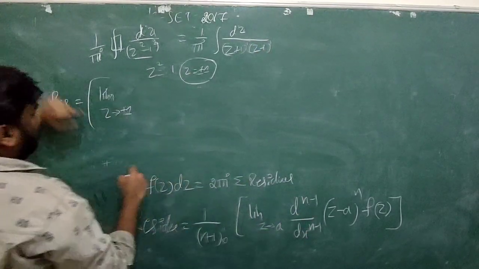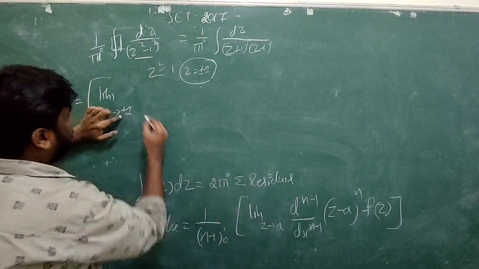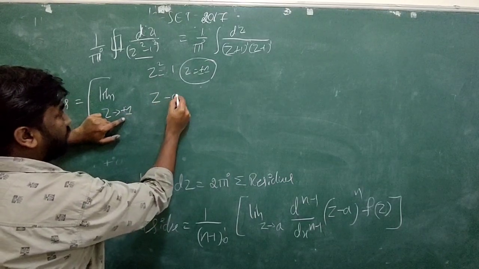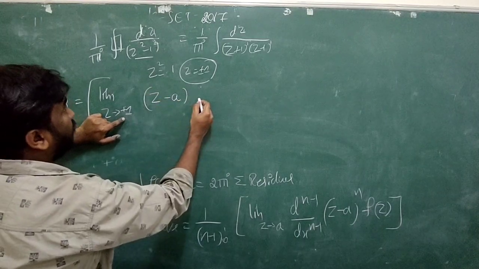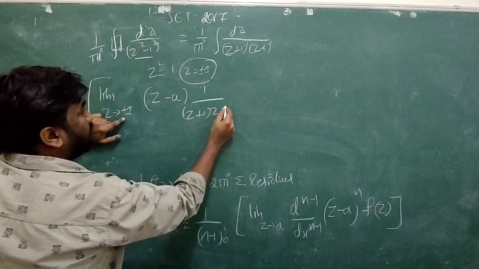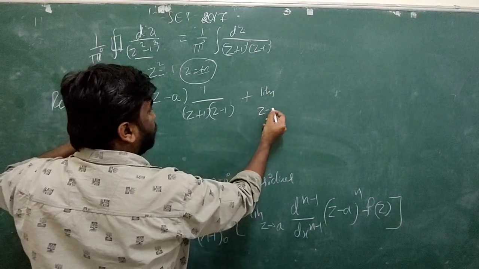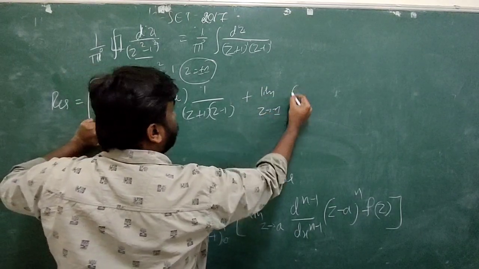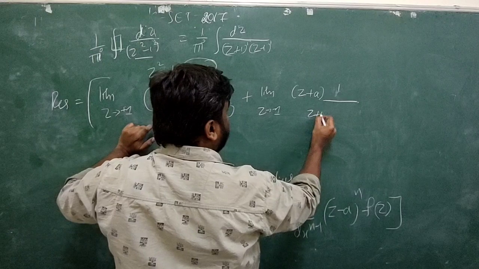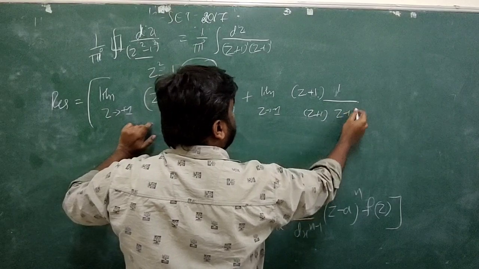So the limit z tends to plus 1 of (z minus 1) into 1 divided by (z plus 1) into (z minus 1), plus the limit z tends to minus 1 of (z plus 1) into 1 divided by (z plus 1) into (z minus 1).